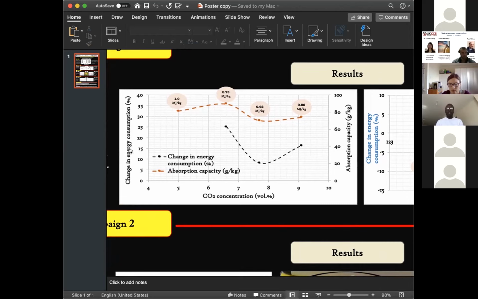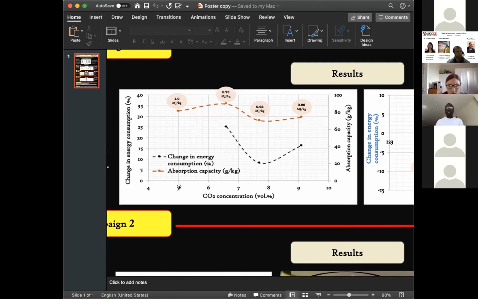Getting back to the y-axis on the left, we have the change in energy consumption, and this is the change in the specific reboiler duty against the best case specific reboiler duty. On the x-axis, I have the CO2 concentration in the flue gas just before the absorber column.